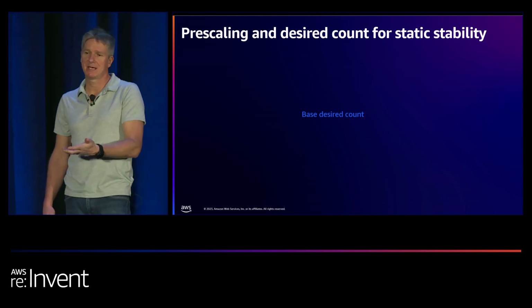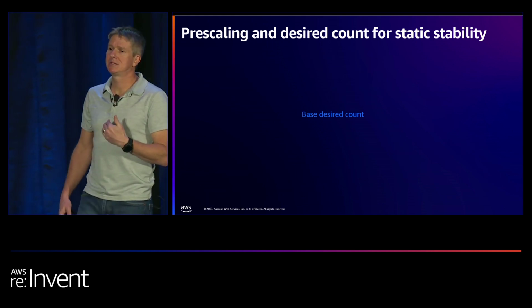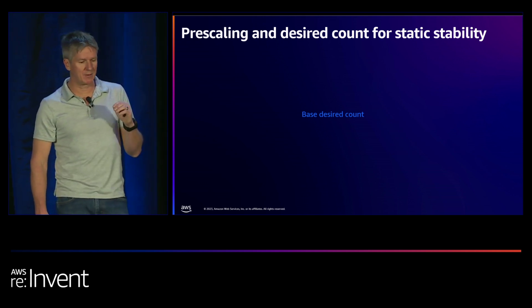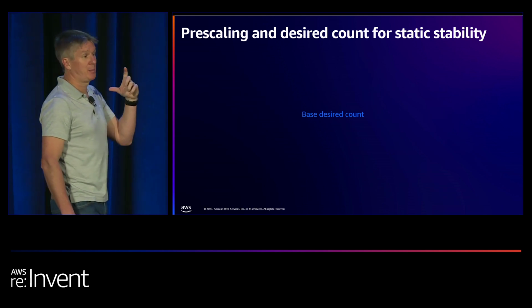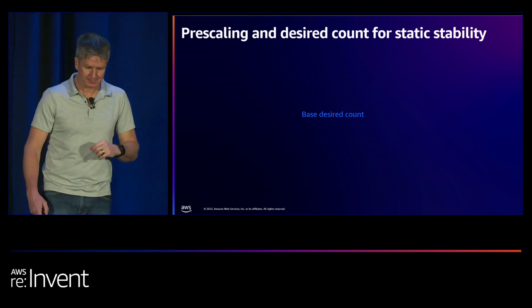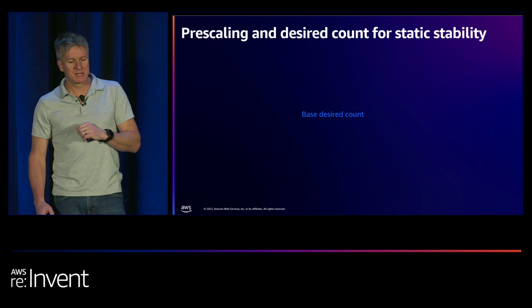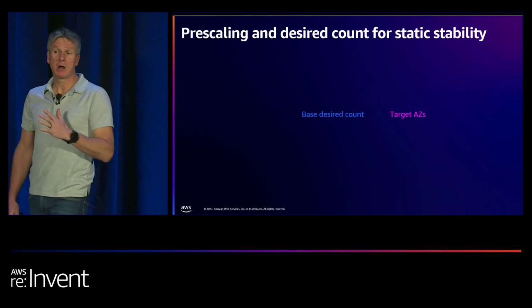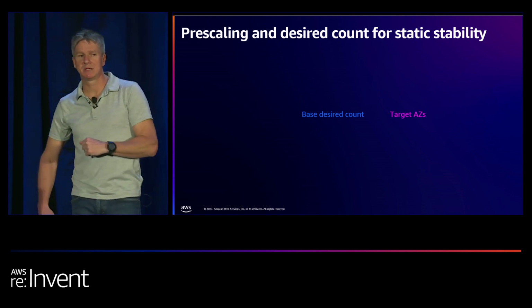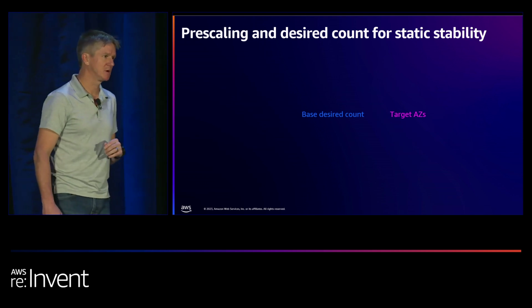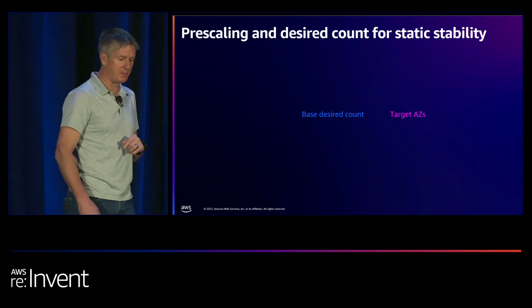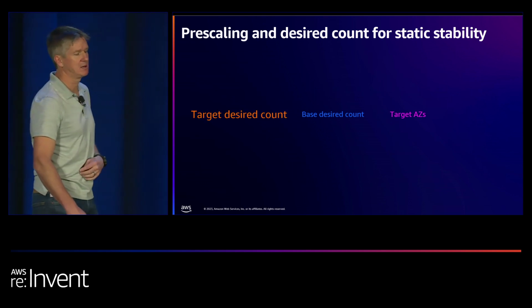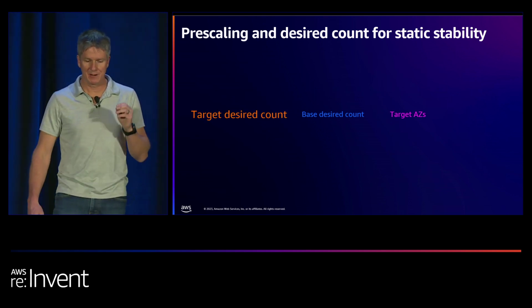In this particular case, as I said, the metric that we use is our peak, so our P100 of throughput plus some percentage above that. And then we work out how many availability zones we'll be using. In the example that we've been using so far, we've been using 3 availability zones. And we want to use these 2 numbers in order to work out our target desired count, in other words, our target capacity that we want to provision.